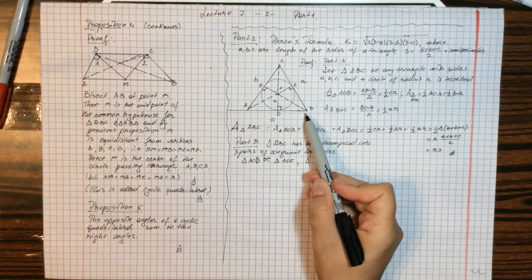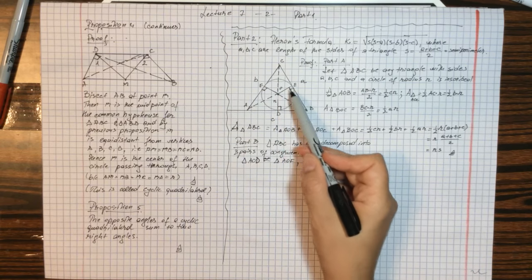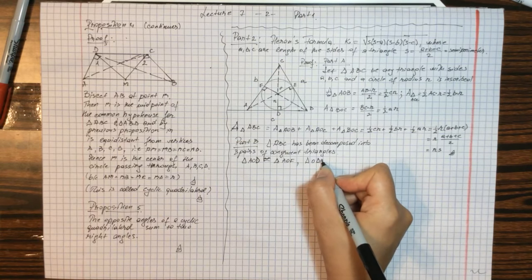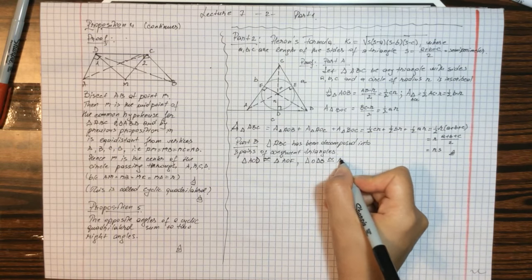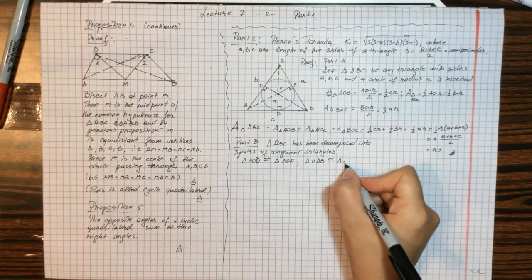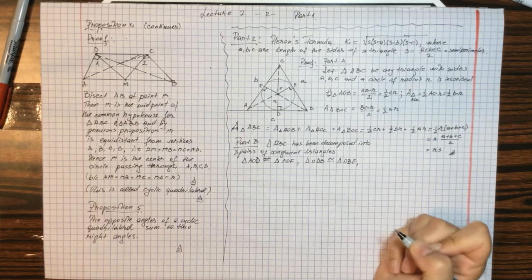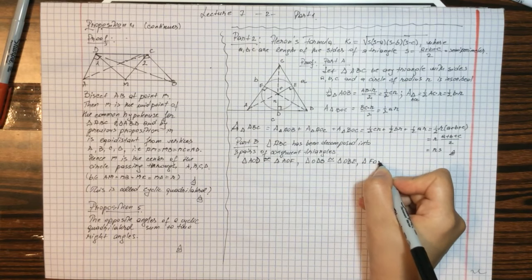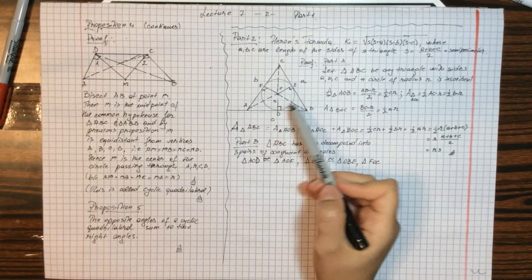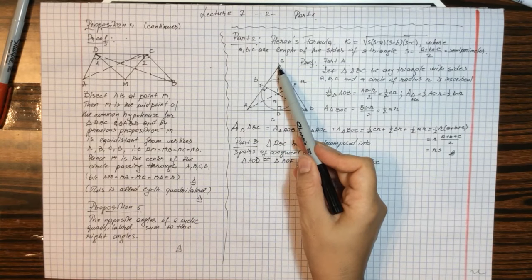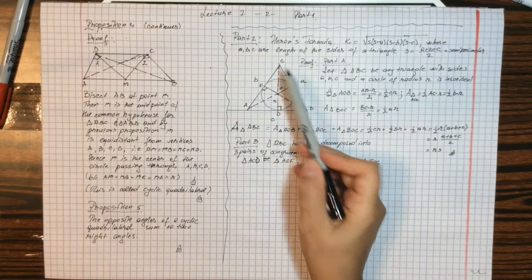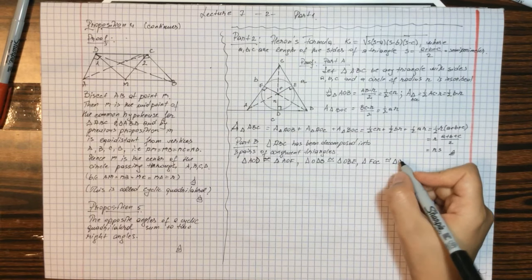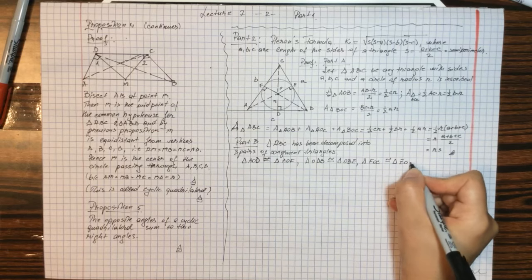The other pair is triangle ODB with triangle OBE. So triangle ODB is congruent to triangle OBE. And the third pair is triangle FOC with EOC, FOC congruent to triangle EOC.